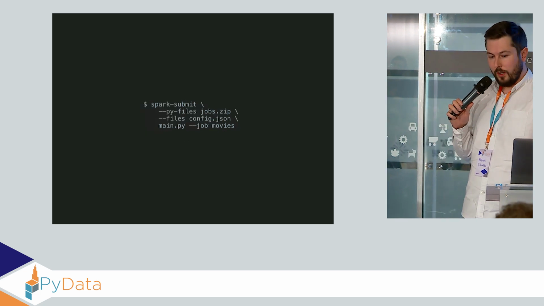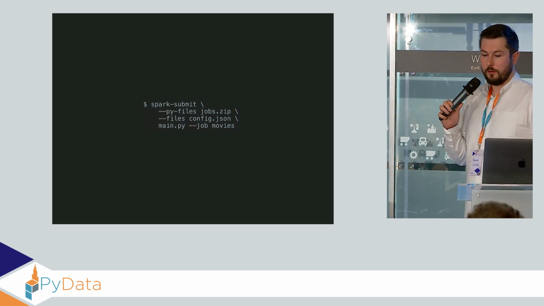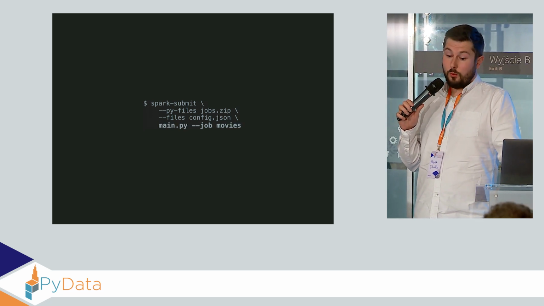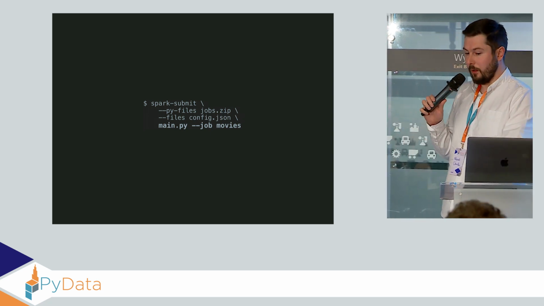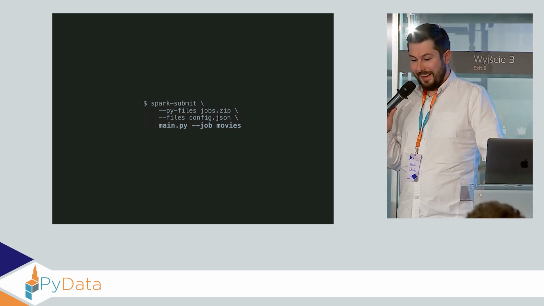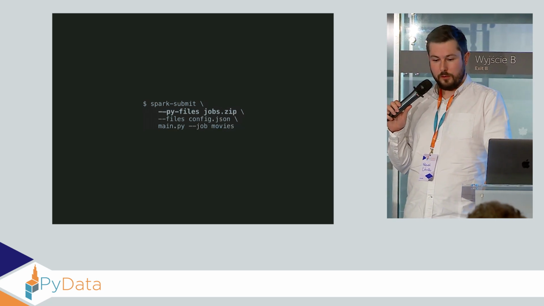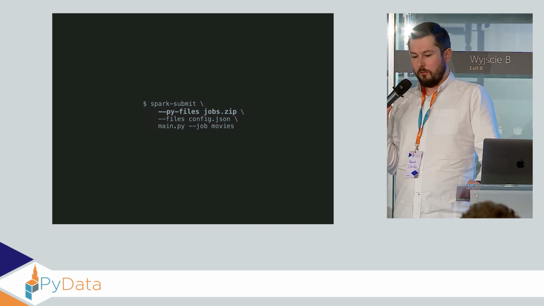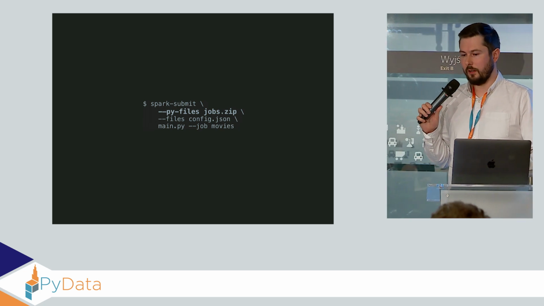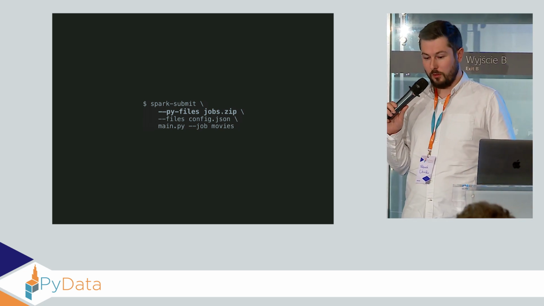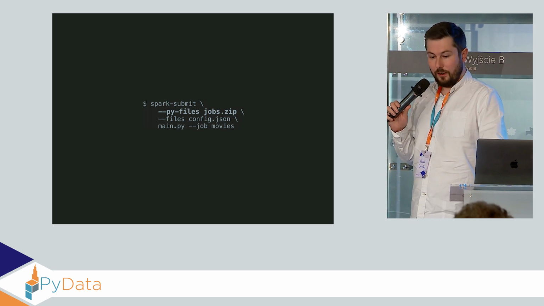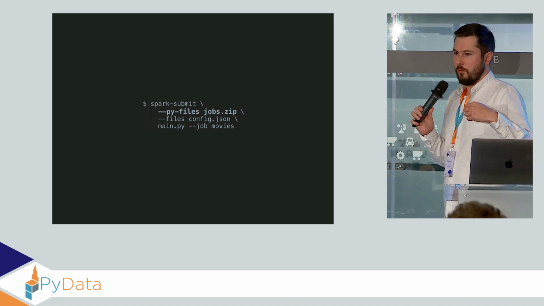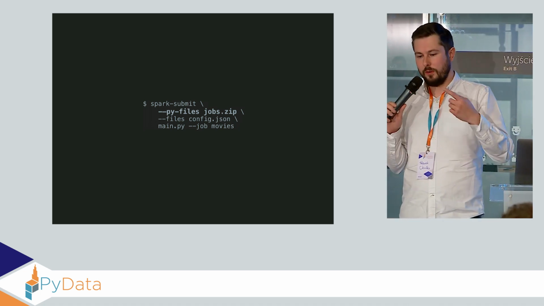Now in order to run our job on a cluster, we first need to run the main file and specify the job name as a job argument, and we have a new option, which is py-files, which now adds our jobs as a zipped file to the cluster.